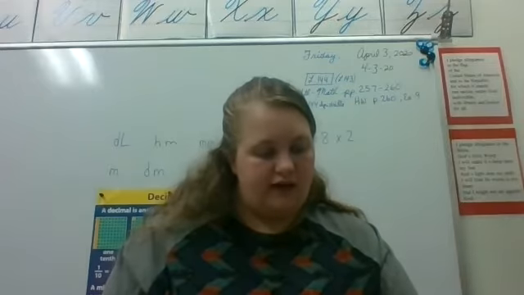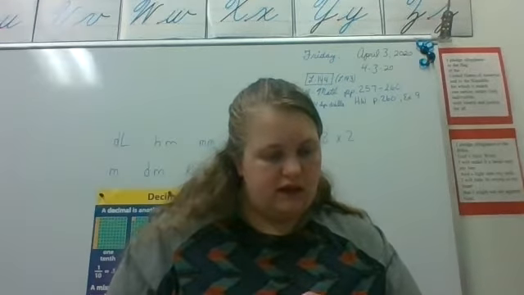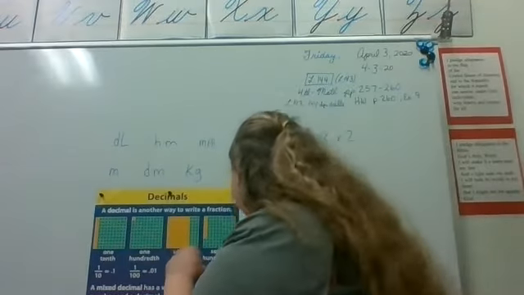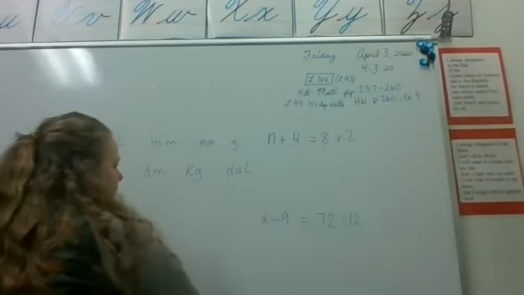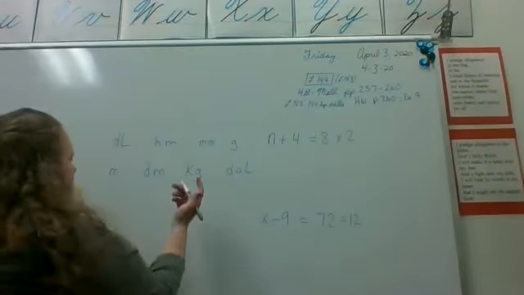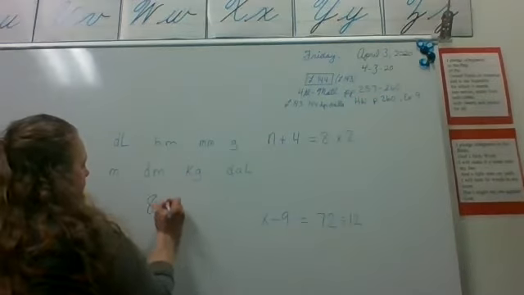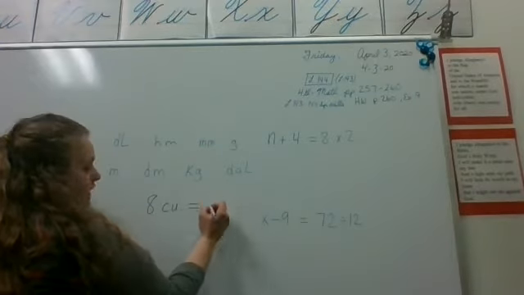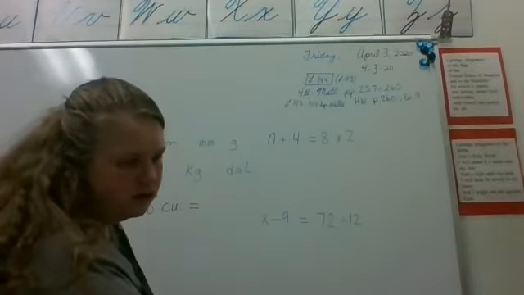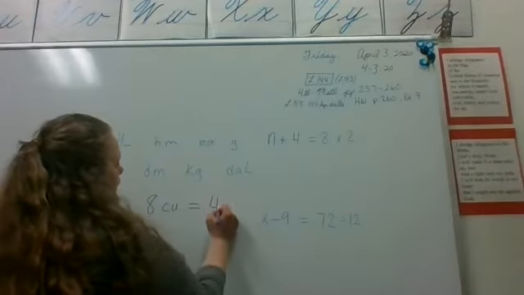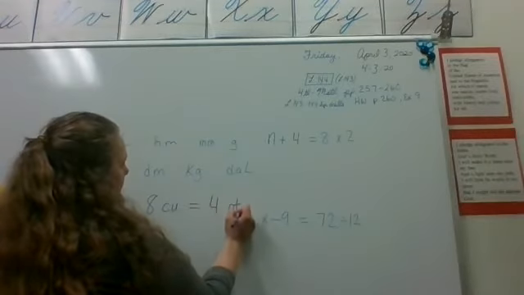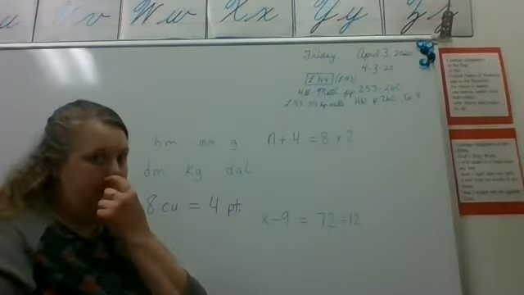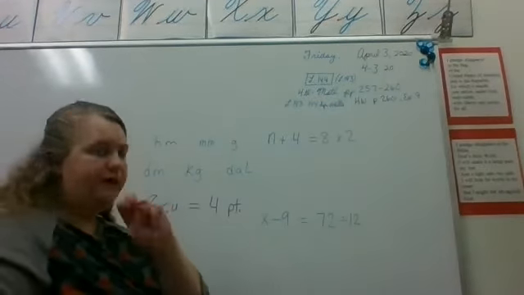Now, I'm going to write an equation on the board. If I have 8 cups, it's equal to 4 pints, okay? Because how many cups are in one pint? 2 cups in a pint.